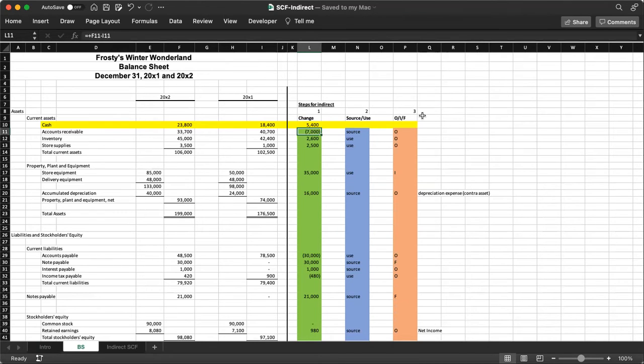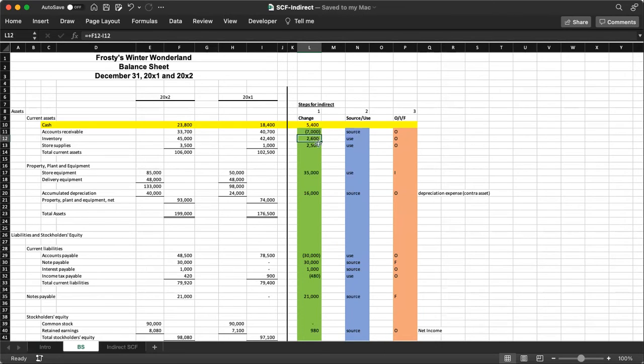And we go right into accounts receivable. In our case, accounts receivable decreased by 7,000 from the previous year. And then we would do this for all the accounts.